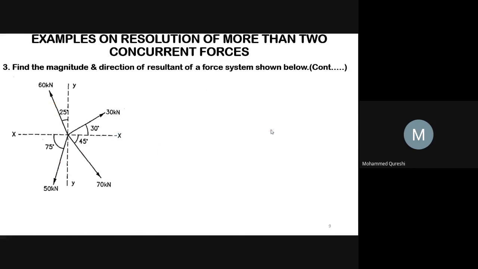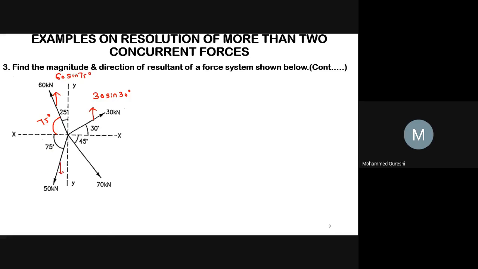Now we have to calculate the value of sigma v, that is the summation of all the vertical forces. So this will be your 30 sine 30. Then 60, but not with the vertical axis. It will make an angle of 75 degree with the horizontal axis. So 60 sine 75 degree.